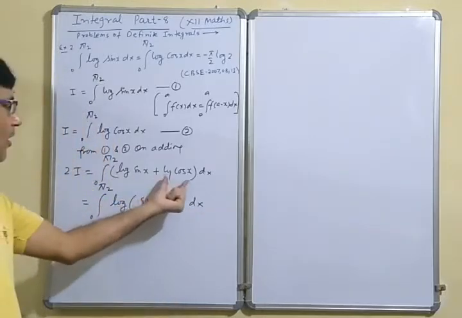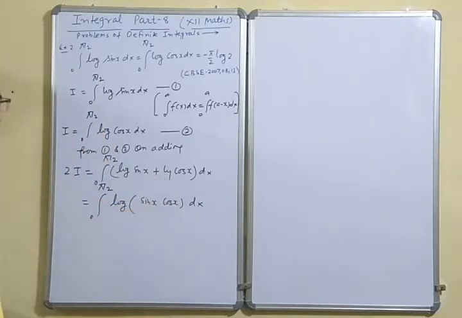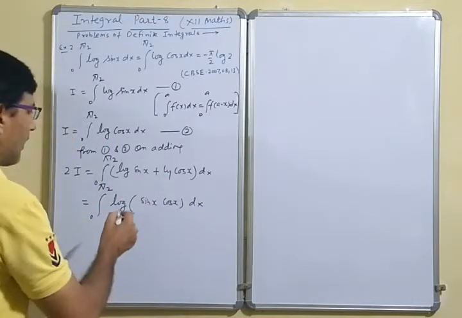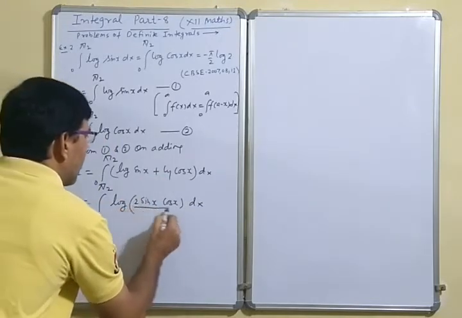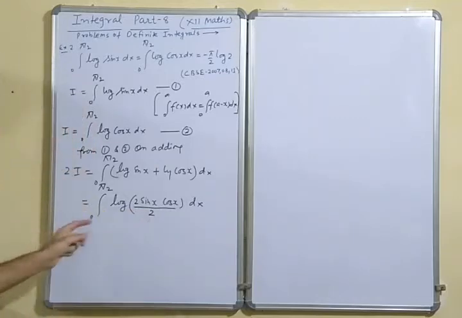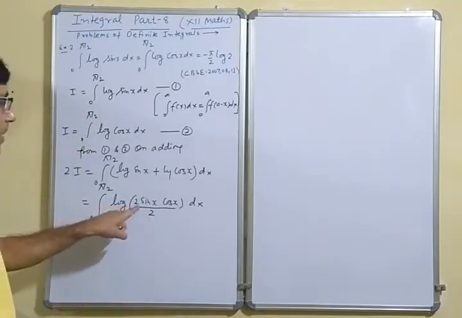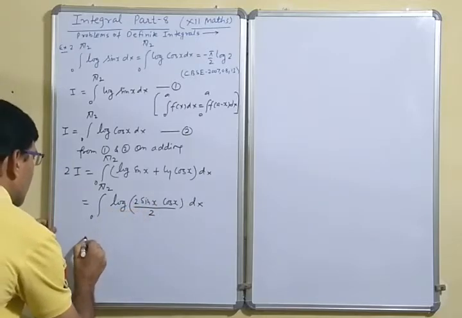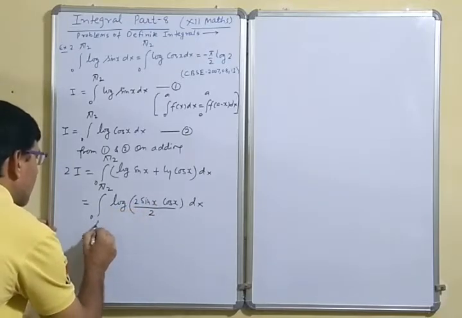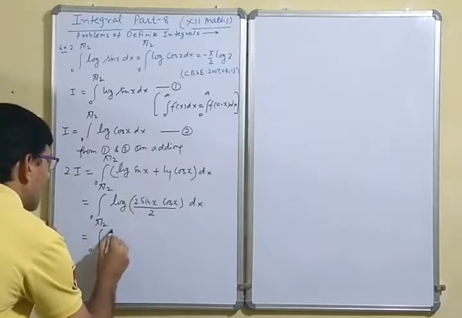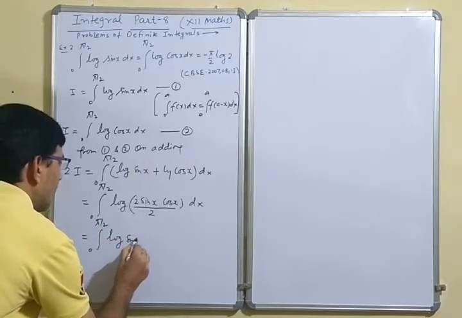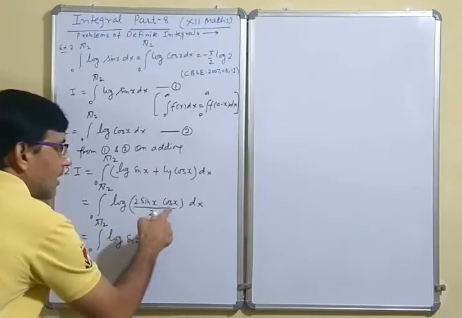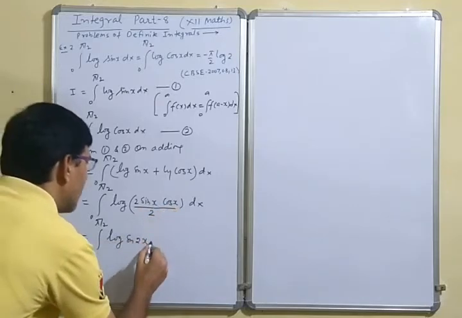Now after that what will we do? We will multiply by 2 and divide by 2 to convert it into the form of sin 2x. So it becomes integral 0 to pi by 2 of log(sin 2x by 2), since 2 sin x cos x is sin 2x, dx.